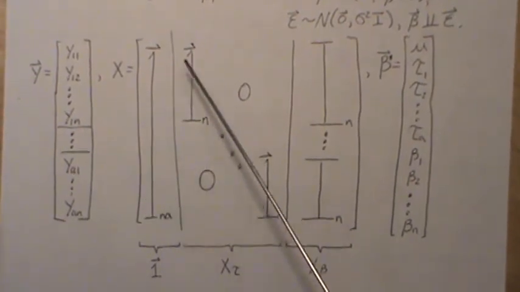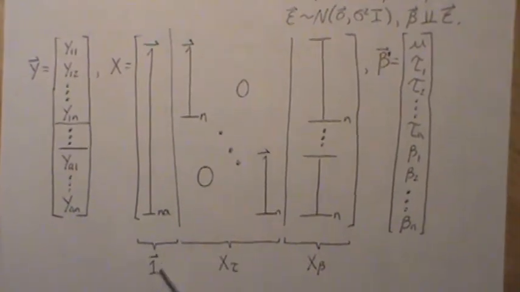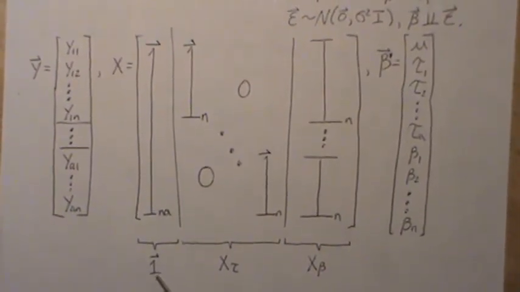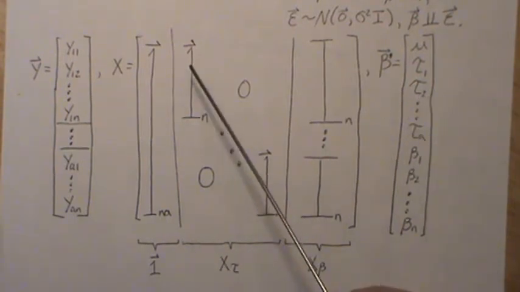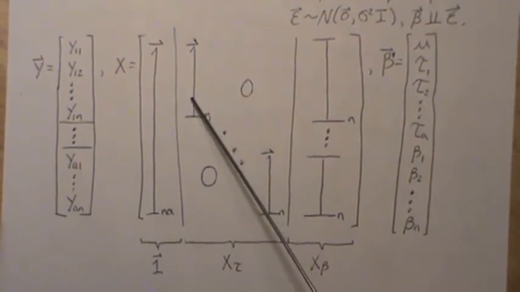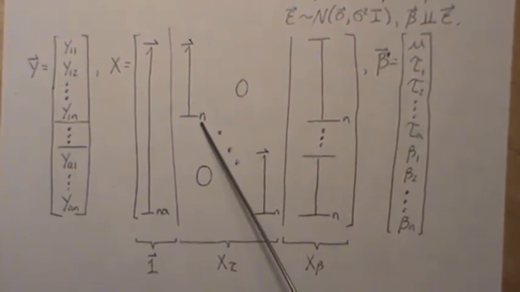Now, the design matrix has a column of 1s, which we represent by the 1 vector. The part of the design matrix associated with the tau parameters we call x tau. And notice that it's just a vector of 1s, N of them.